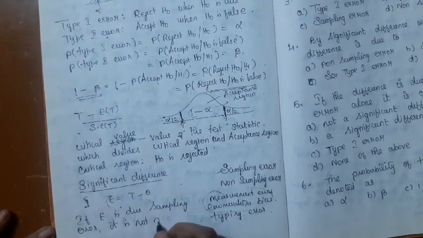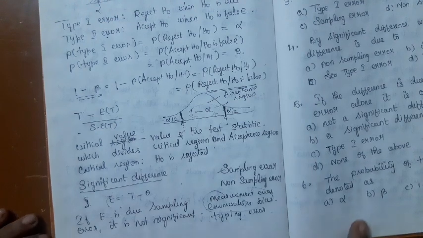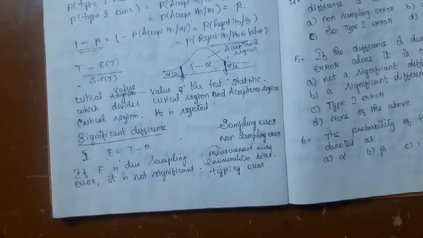This is the idea. If it is due to some other reason, then it is significant. So when you say significant difference, you should understand that the deviation which occurs between the statistic and the parameter is because of non-sampling error.